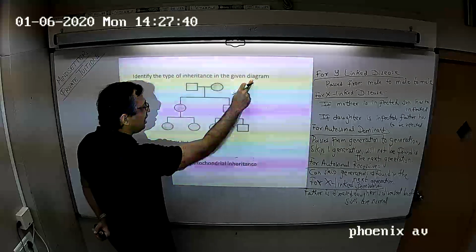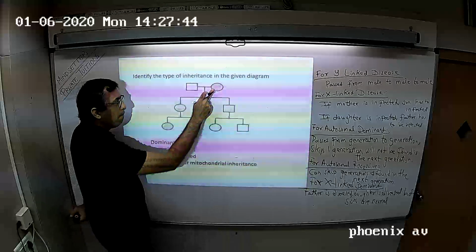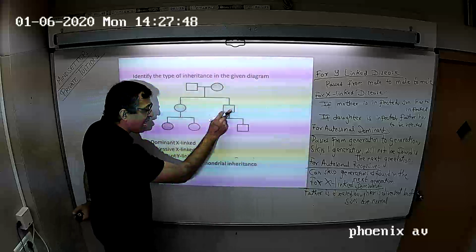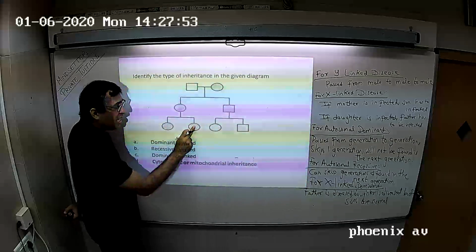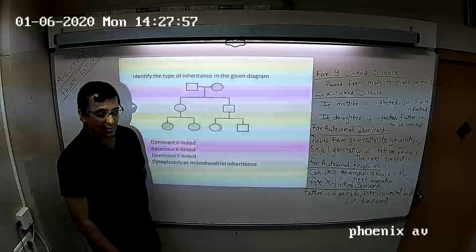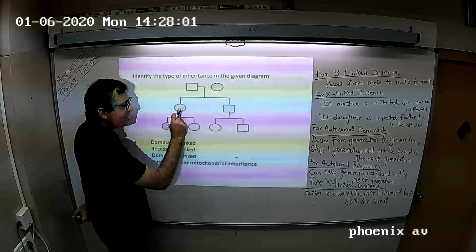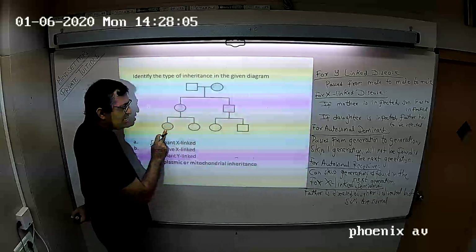Identify the inheritance in the given diagram. Excellent pedigree. Mother is diseased, daughter is diseased, son is diseased. From the daughter, children are diseased, but from the son, children are not diseased. From the daughter, the next generation is diseased.